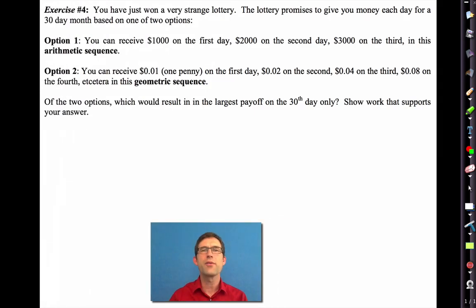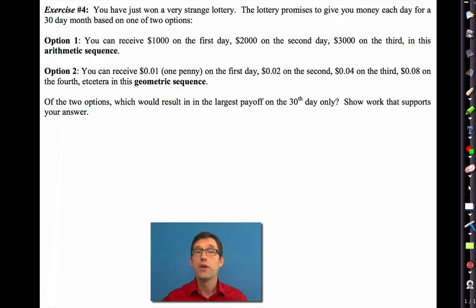This is a classic. Everybody that does exponential work or geometric sequence work needs to see this. You have just won a very strange lottery. The lottery promises to give you money each day for a 30-day month based on one of two options, and you get to pick. Option 1, you can receive $1,000 on the first day, $2,000 on the second day, $3,000 on the third, in this arithmetic sequence.